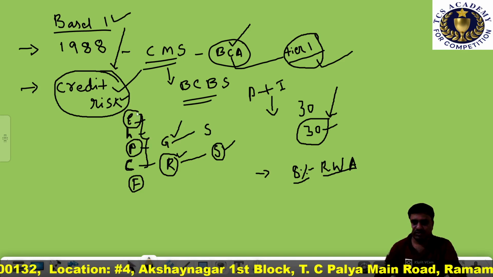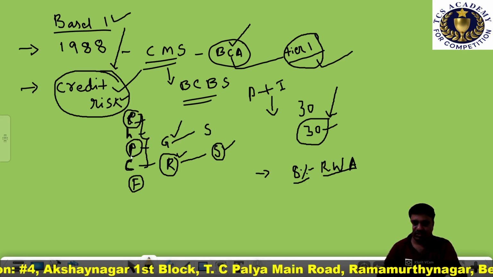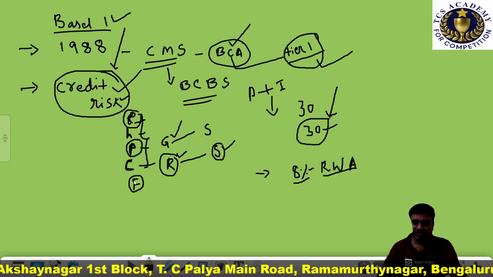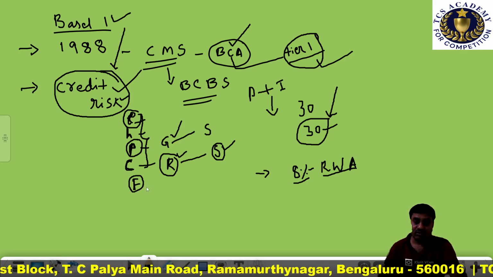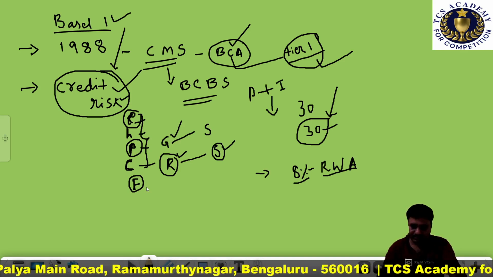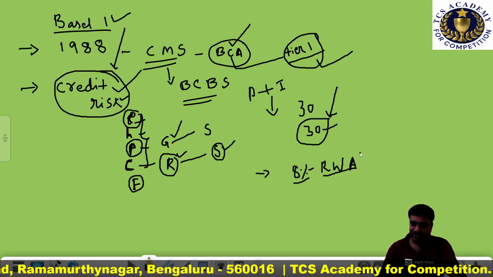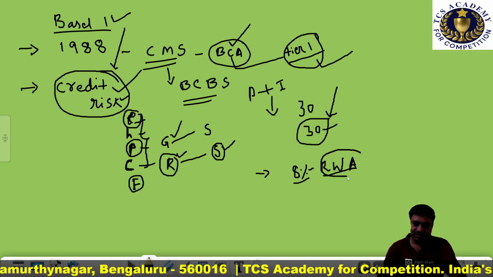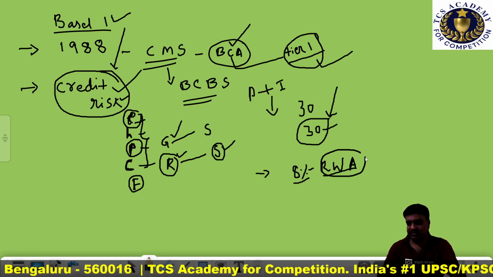I told you, no? So these education loans, the personal loans, the farmers' crop loans, these are risk profile loans. Clear? Risk weighted assets are nothing but assets with different risk profiles.